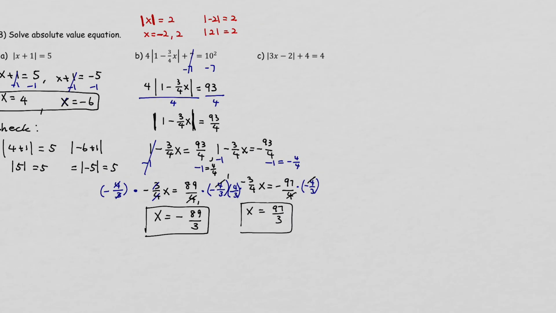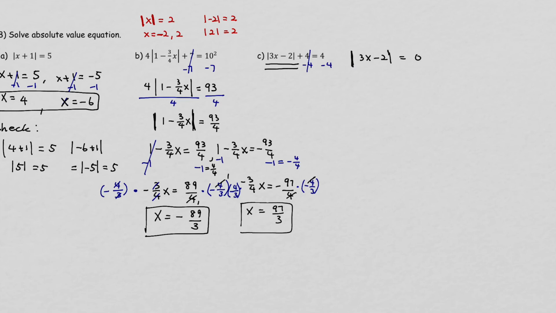Let's look at the third one. So when you're solving this, remember to start by isolating the absolute value, right? So the first thing you need to do is subtract 4 on both sides. What do we get? We get absolute value of 3x minus 2 is equal to 0.